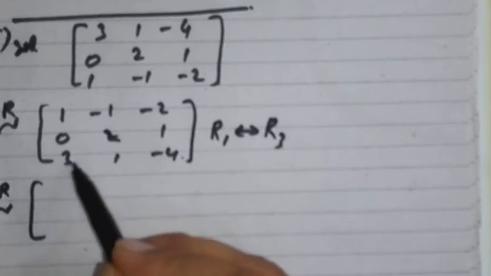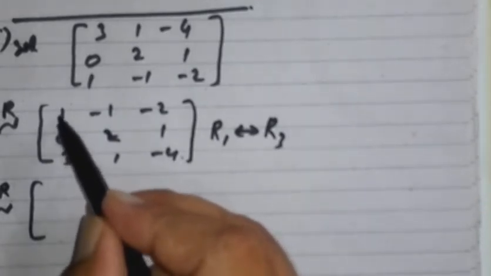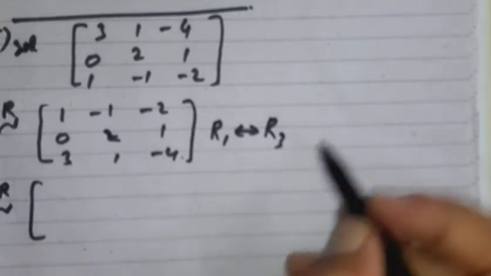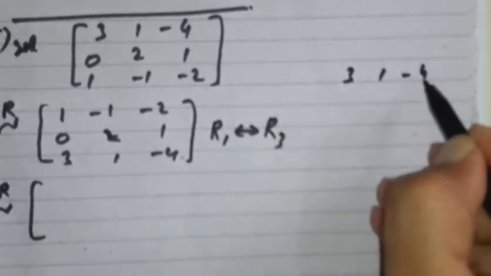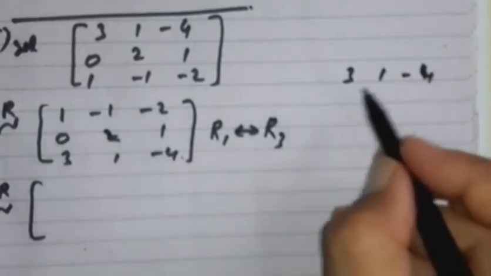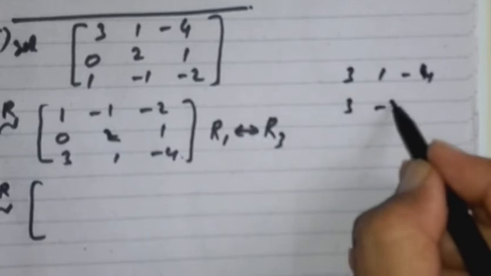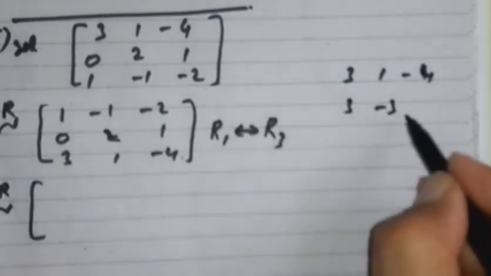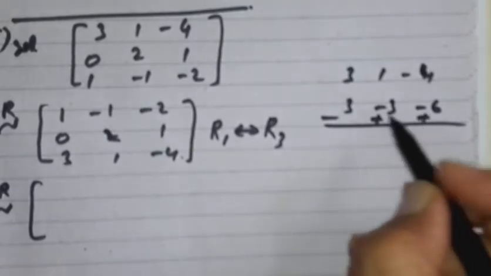Now how we will get here 0? By subtracting 3 times row first from row third. So write the row third 3 1 minus 4 and multiply row first with 3. 3 times 1 is 3, 3 times minus 1 is minus 3 and minus 6. Now change the sign, minus plus plus.